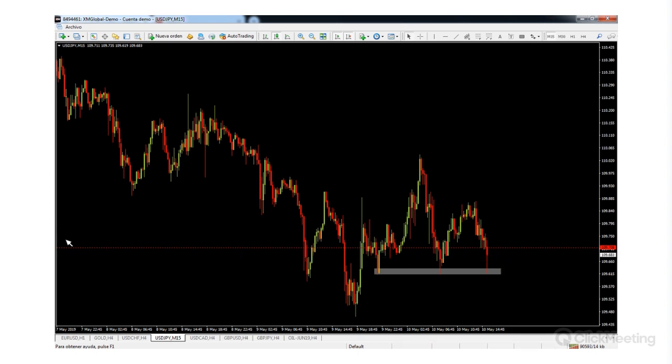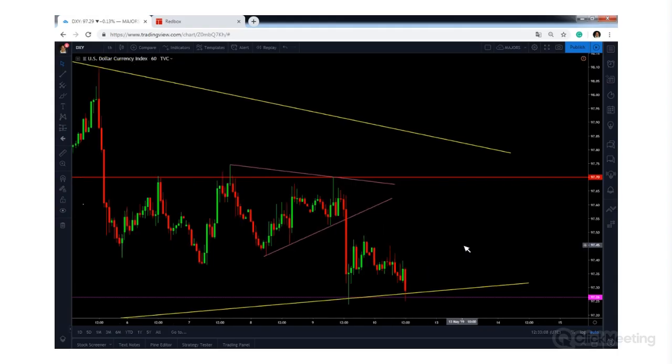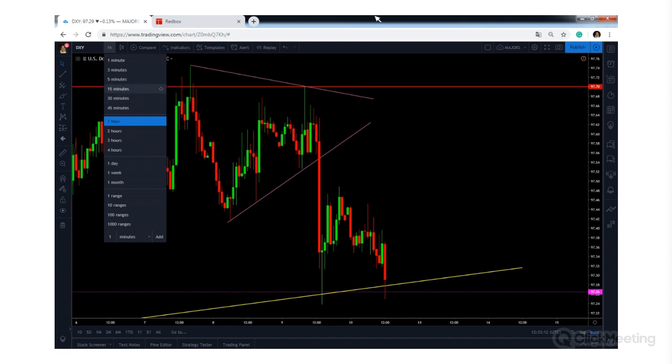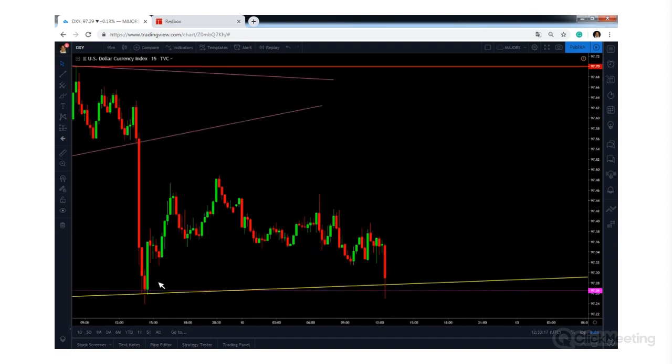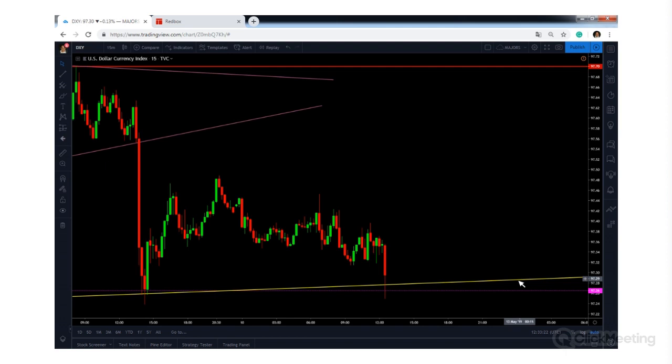If we go back to the DXY chart again, let me thicken this out for you. Let's go to that 50-minute chart, because what we're looking at is the immediate price action on the DXY. Let's get rid of this yellow trend line.